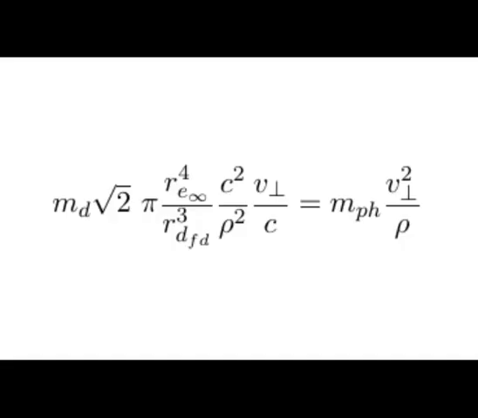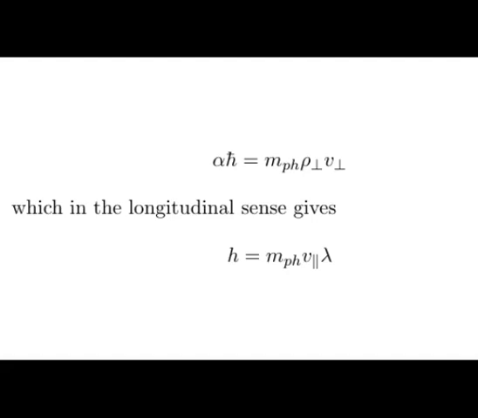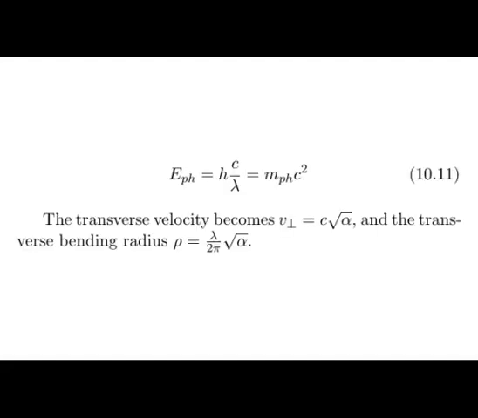And this you can calculate in a similar way as for the electron, and you obtain the angular momentum in exactly the same way. And this you can further develop, and you obtain the energy law for photons just directly from the angular momentum.